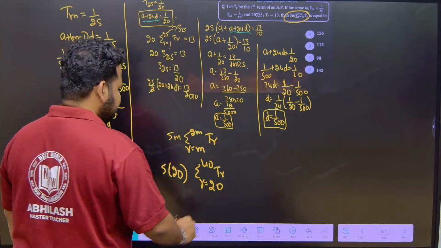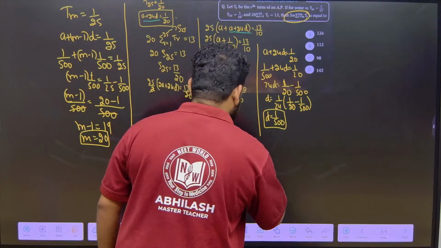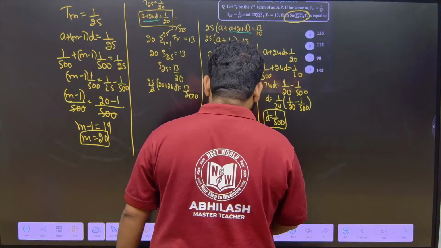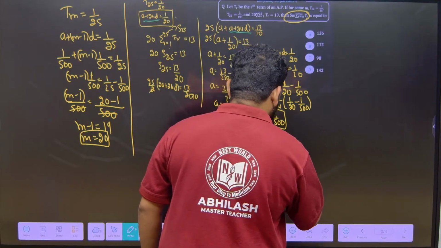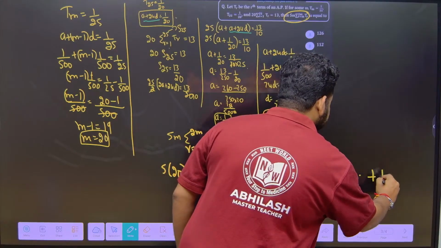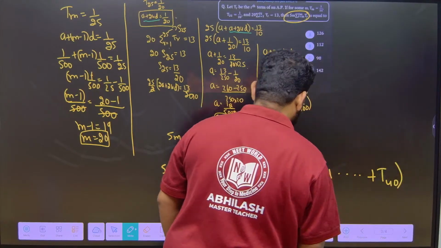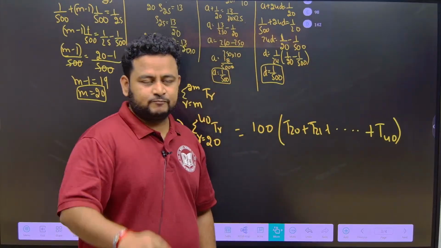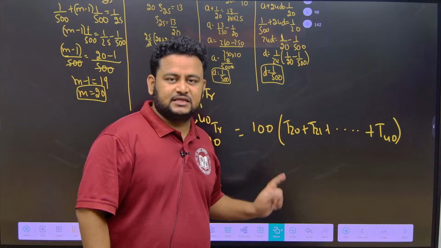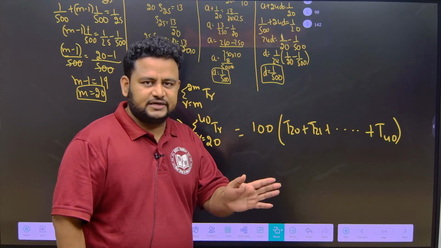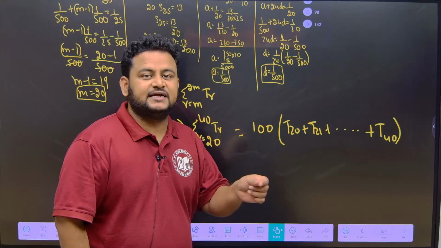So this becomes 5 into 20, which is 100, into the sum of terms from T20 up to T40. Here how many terms are there? You will make a mistake here. The number of terms is not 20, it is 21. From 20 to 40 it is 20 terms, but counting the 20th term as well, there is one more term.